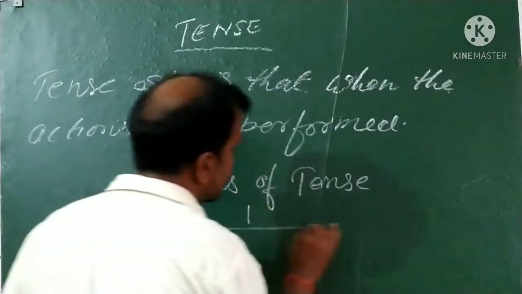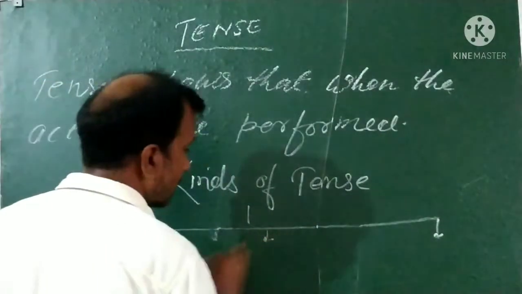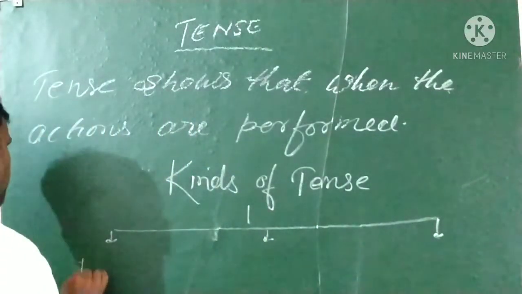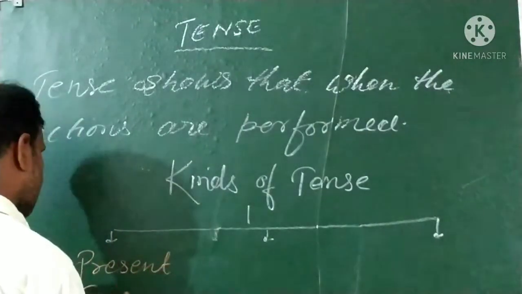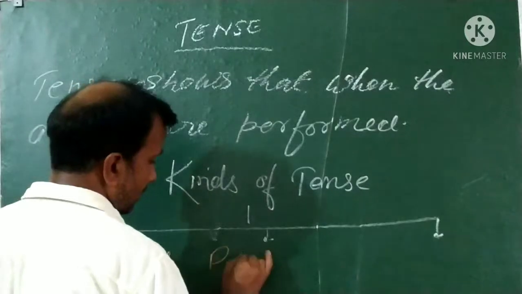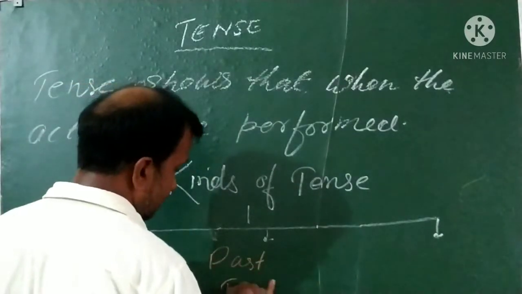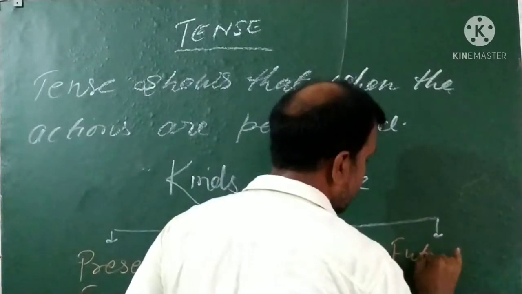Now, kinds of tense. How many kinds of tense are there in English grammar? First is present tense. The second is past tense, and the third one is future tense.